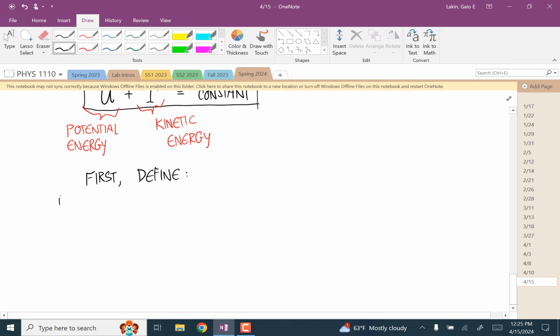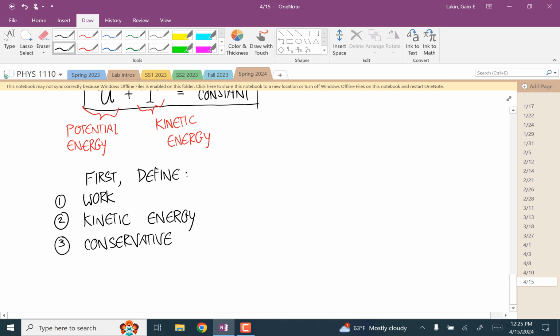We have to define work, kinetic energy, conservative forces, and potential energy.